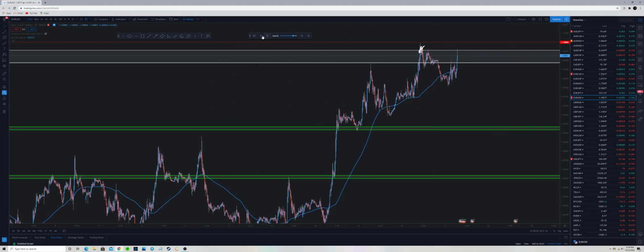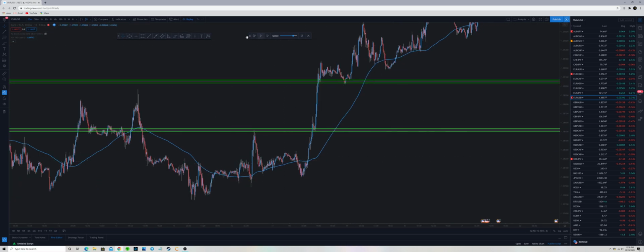So we see price messing around here, here, but it's not a solid breach candle or a shift candle. Like we saw here off the 100-day SMA, this was a beautiful shift candle, just busted right through it. And price just took off after that.